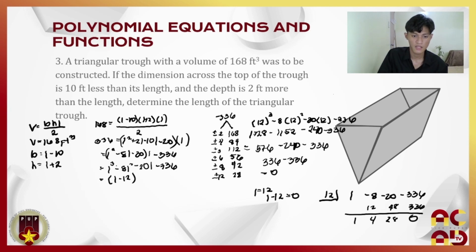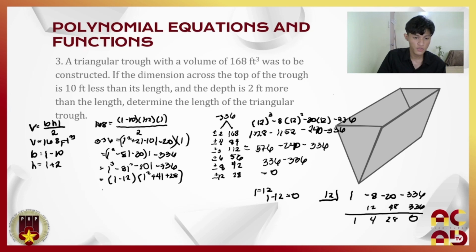So ito na yung ating second factor. So L squared, gagamitin natin yung second to the highest degree, which is 2, plus 4L plus 28. So I guess itong factor na nakuha natin na L squared plus 4L plus 28 is hindi na factorable para maging dalawang binomial katulad nitong L minus 12.